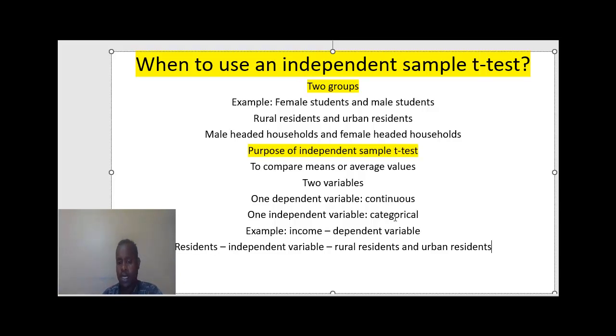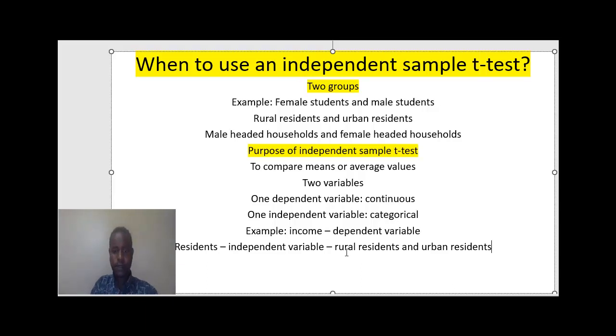So when one is answering the question when to use an independent sample t-test or two sample t-test, he or she would say, we would use independent sample t-test when we have one continuous dependent variable and one categorical independent variable, and our interest is to find out whether or not there is difference between the two groups based on the continuous measurement of the dependent variable.